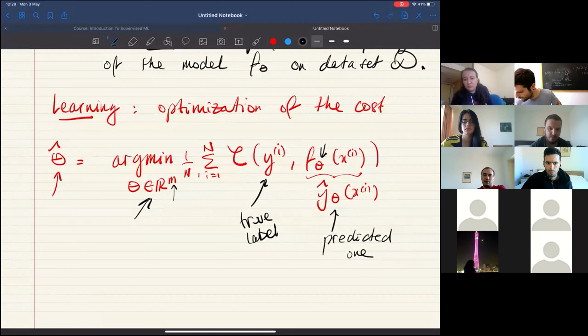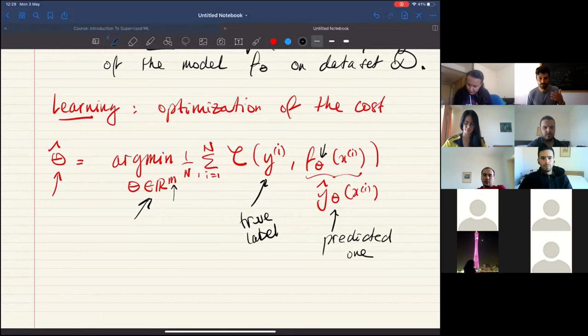Okay, so let me say a last thing, and then I'm done for today. Concretely, this cost could be what? This is the one we'll mostly restrict to in this course, but we will also talk about other costs. For example, in regression, typically when the labels that you have access to are continuous, the usual cost that we take is the square function.